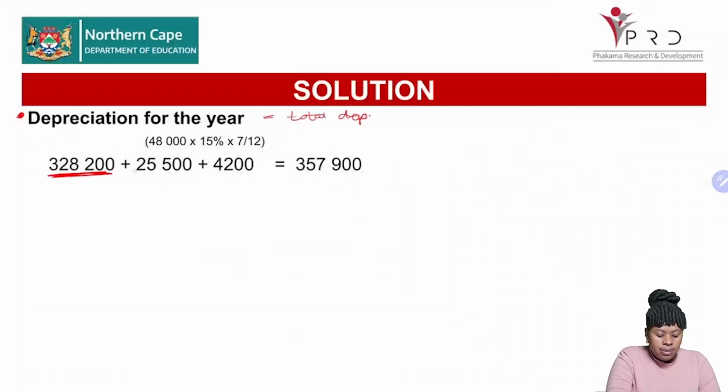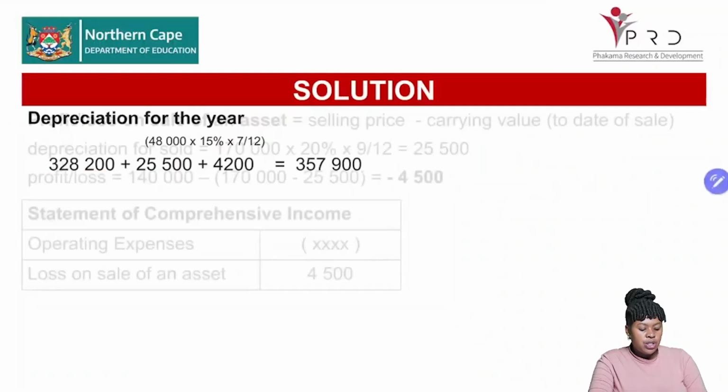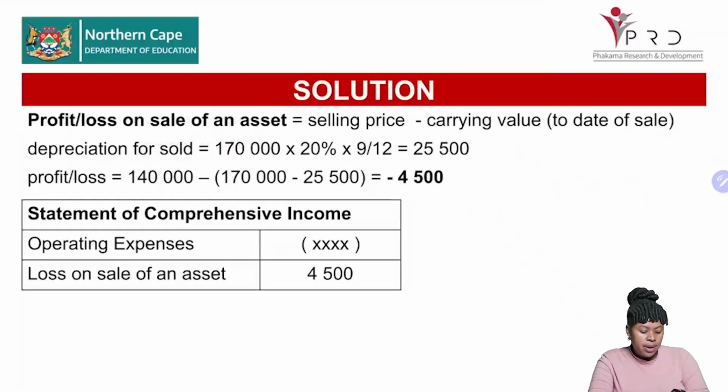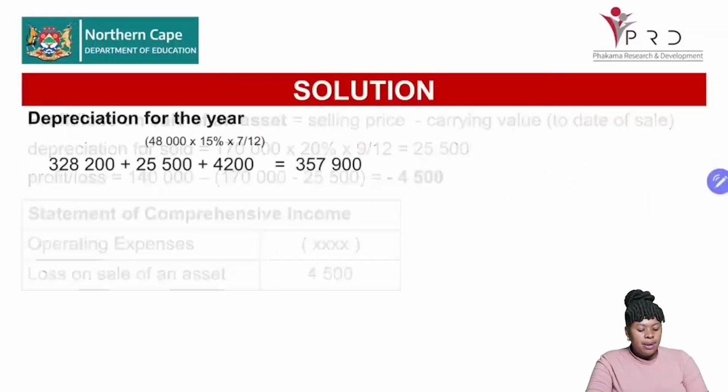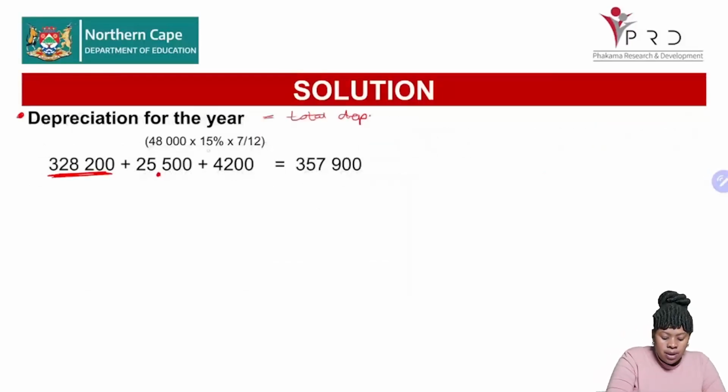Then we have a vehicle that we sold, right? And then we calculated the depreciation for that, 25,500. Okay, that is the depreciation for the sold vehicle. Okay, and then after that, we have a vehicle that we have bought, right?